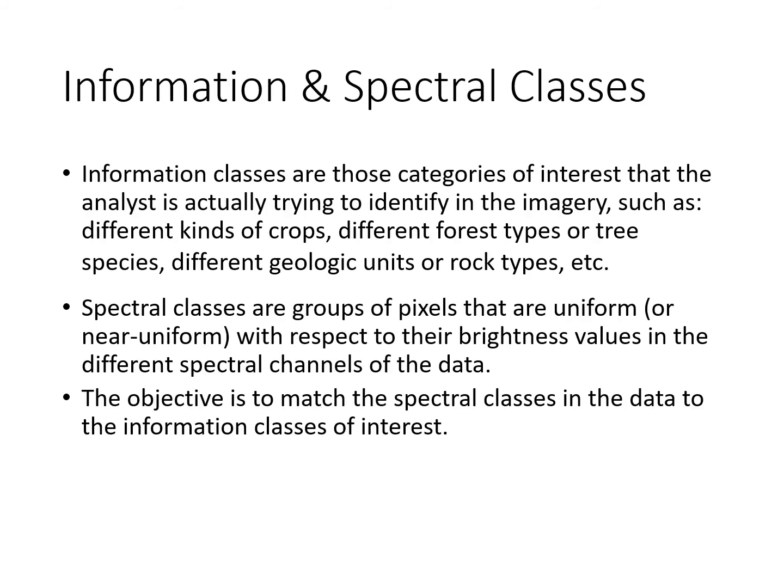So information classes are the categories of interest that the analyst is trying to identify in the imagery. For instance, it could be different kinds of crops, different forest types, tree species. It could be different geologic units or rock types or water or beach, or this is the classes that we are interested in.